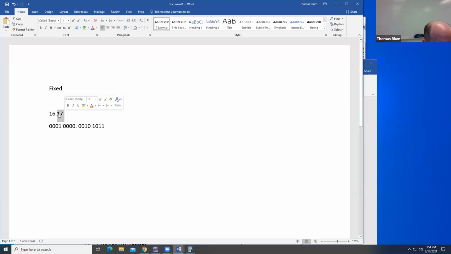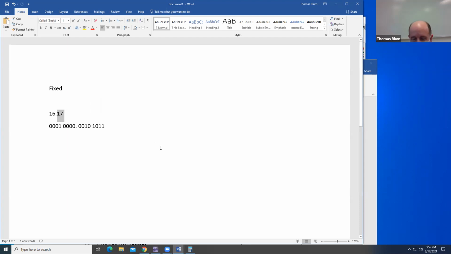Only if you have a fraction whose denominator is an exact power of 2 can you represent it exactly. And this 0.17 is 17/100ths. The denominator is not a power of 2. 100 is not a power of 2. And so you're never going to represent this exactly.